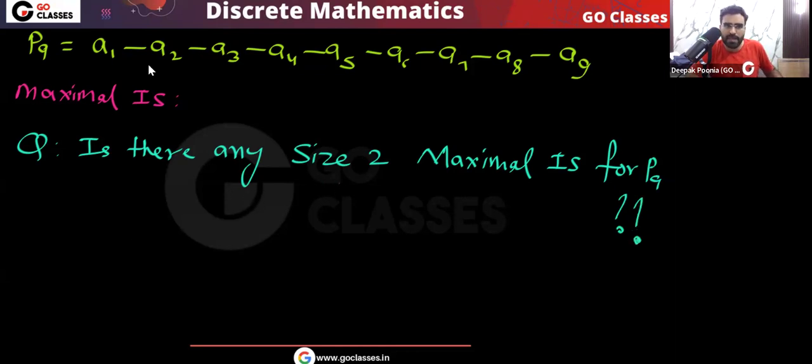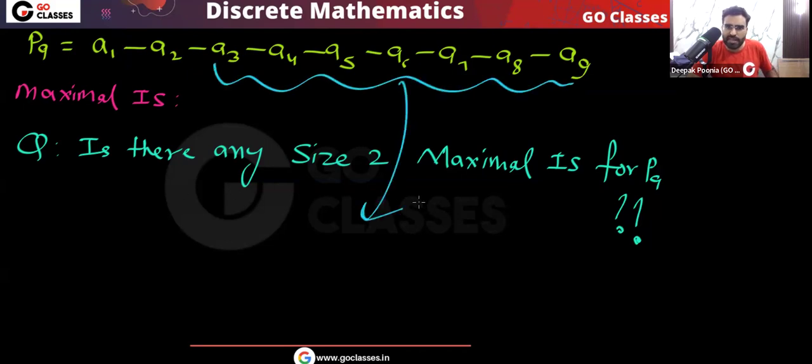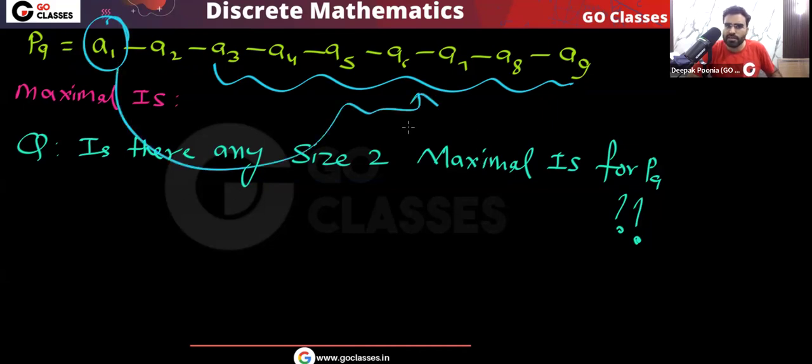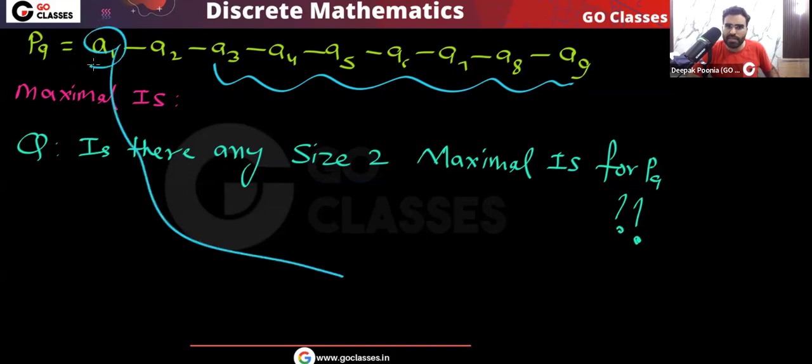Now you notice that of these two vertices A1, A2, at least one of them I need to take. Let's assume you are taking some vertices from here and you don't take A1 or A2. Then this is not a maximal independent set, because I can add A1. A1 is not adjacent to all these vertices, so I can add this new item to the independent set.